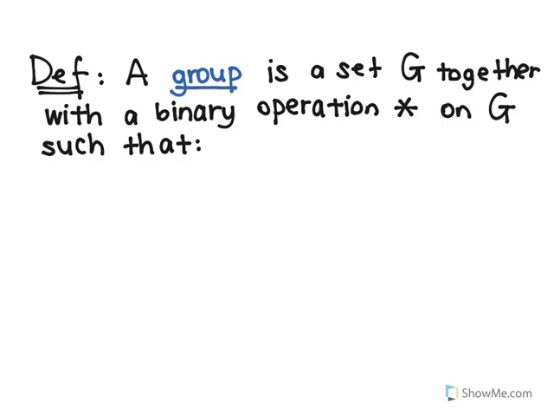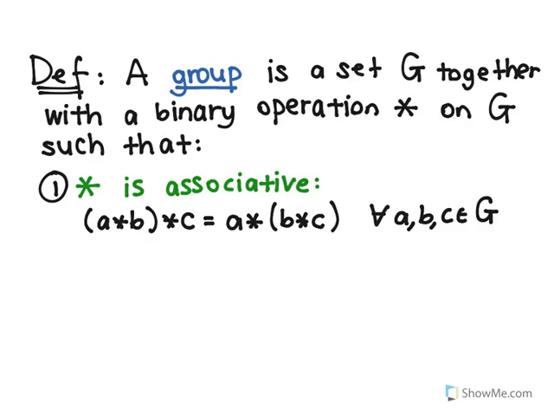So I'm just going to denote it by this symbol star. And now I'm going to require that this set with its binary operation satisfies 3 properties or axioms.